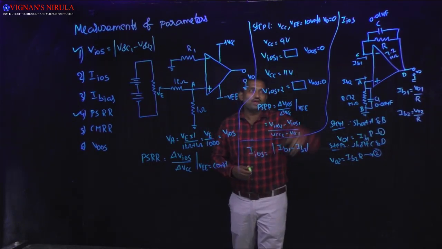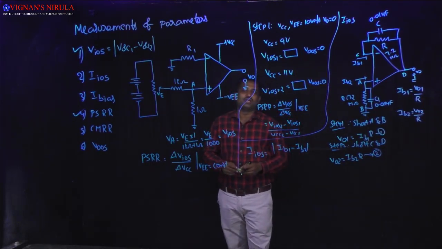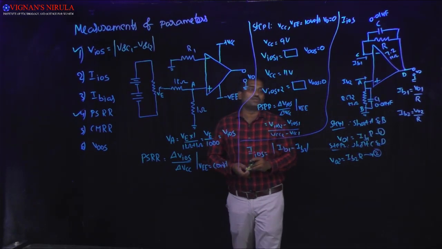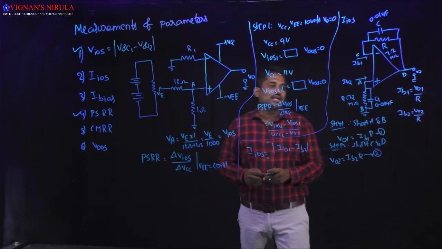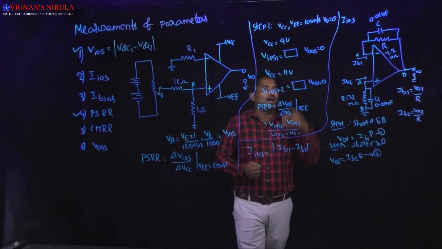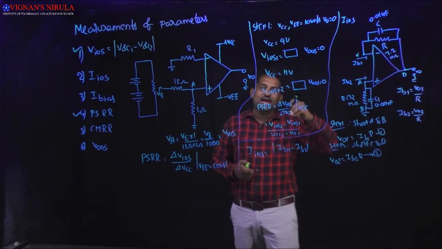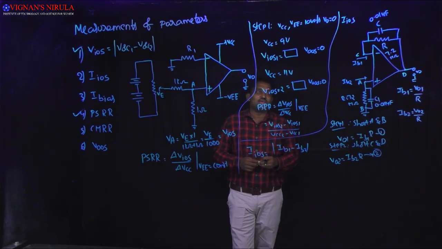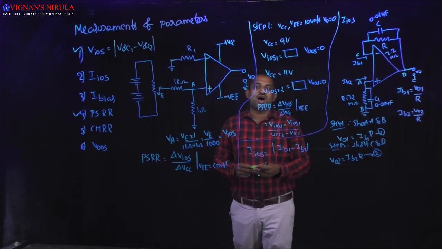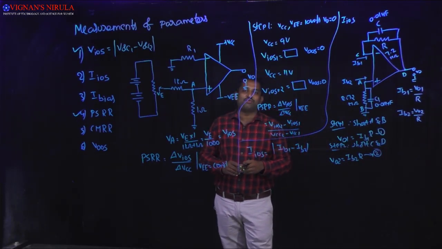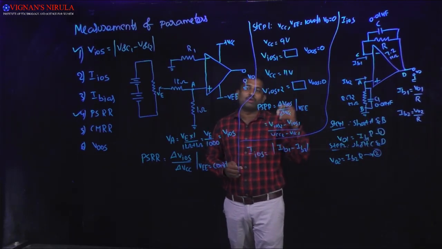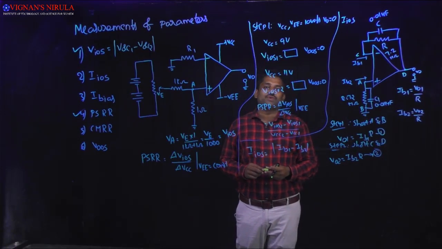So in this way we are going to calculate the input offset current. If you observe the circuit diagram, here I connected a capacitance C across the resistance R. Why am I connecting that capacitor C across the resistance R? Here I am considering the resistance R to be 7.2 mega ohms, which is a very large value.